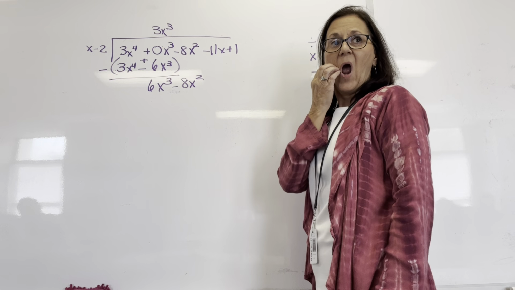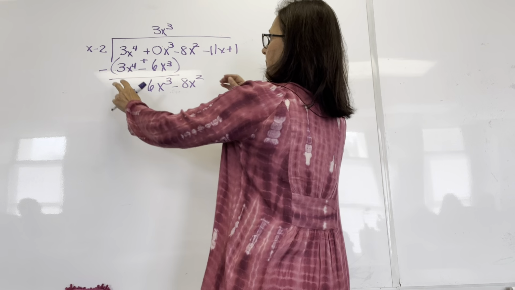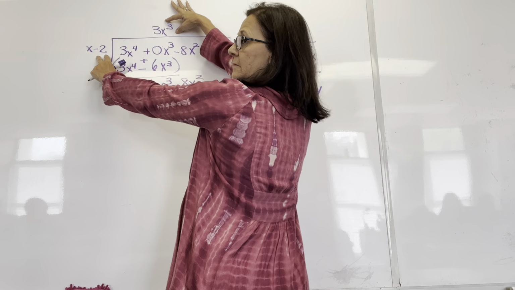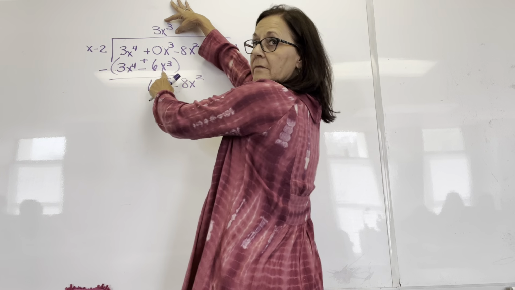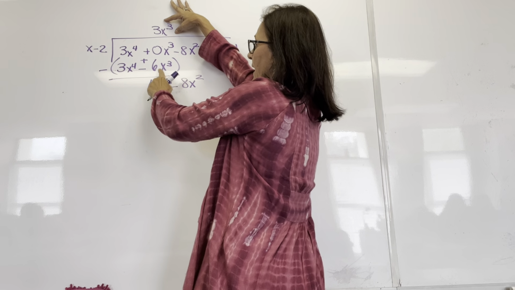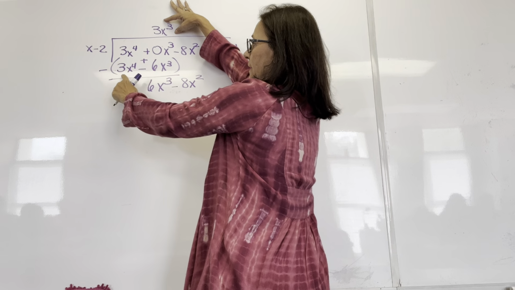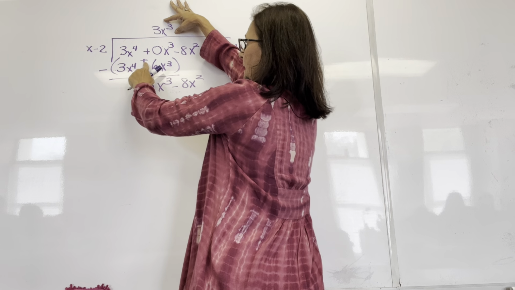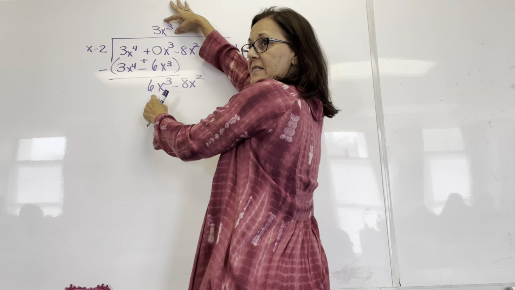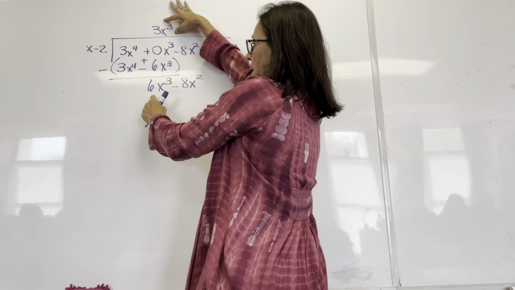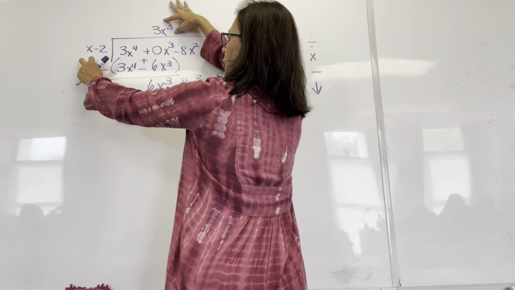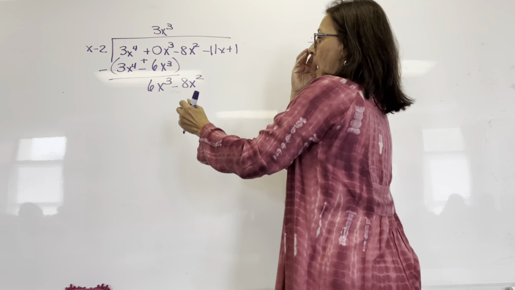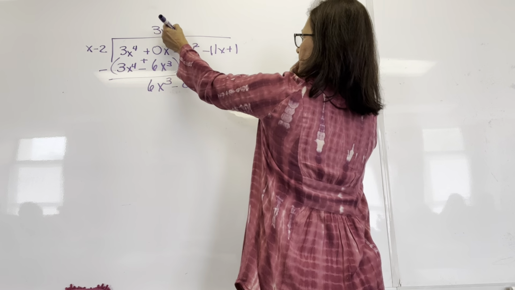How do you know 6x cubed? Negative 2 times 3x cubed. Yeah, but how does that eliminate? It doesn't eliminate. Only the first one eliminates. It's minus a negative, which is plus. I have 0 plus 6 to get 6. All right, so 6x cubed divided by x is what? 6x squared.